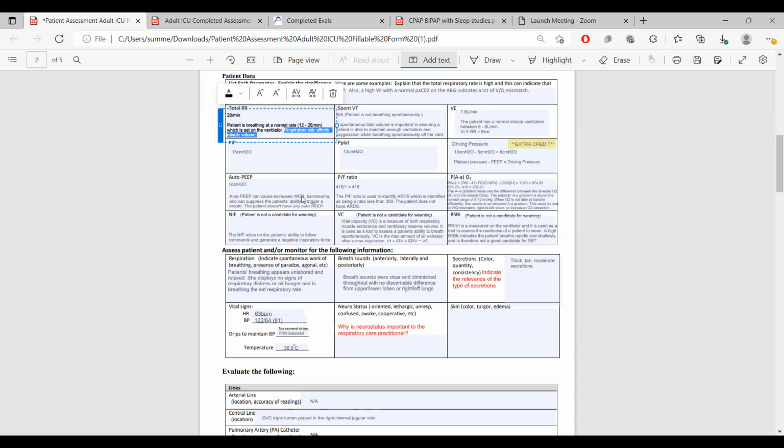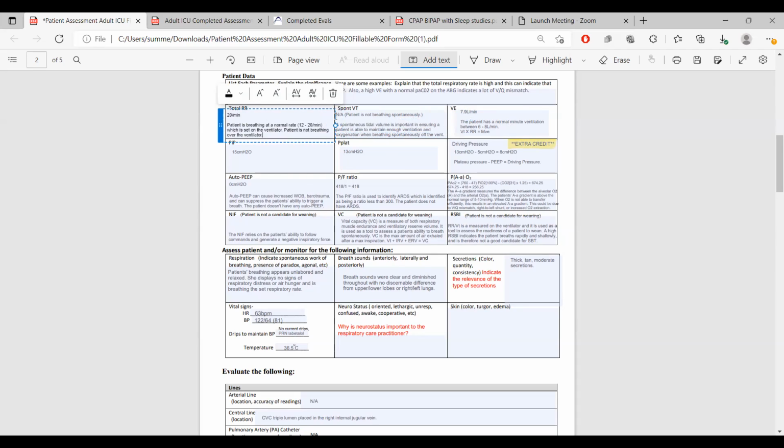I know they're breathing, but not over the ventilator. I wish I could answer that better. I'm looking for you to connect the two.